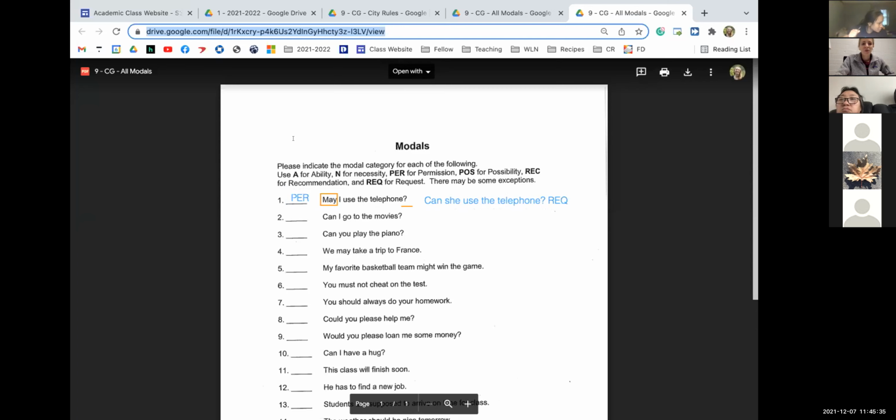Number two, we have can. Can I go to the movies? Permission. Is it not ability? No, sorry, it's permission. We can use can for permission. Why is this one not ability with can, number 2?